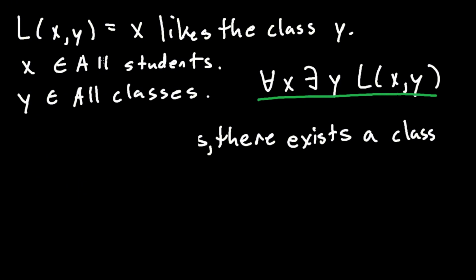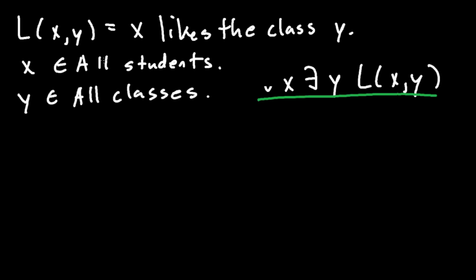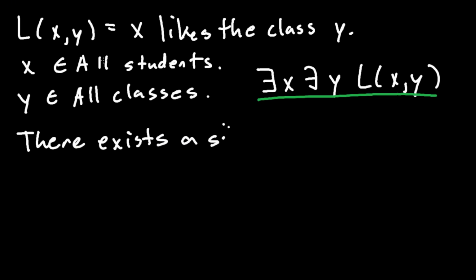But let's go ahead and actually switch around this quantified statement. Let's write this down right here. So let's go ahead and interpret this as a sentence. There exists a student.